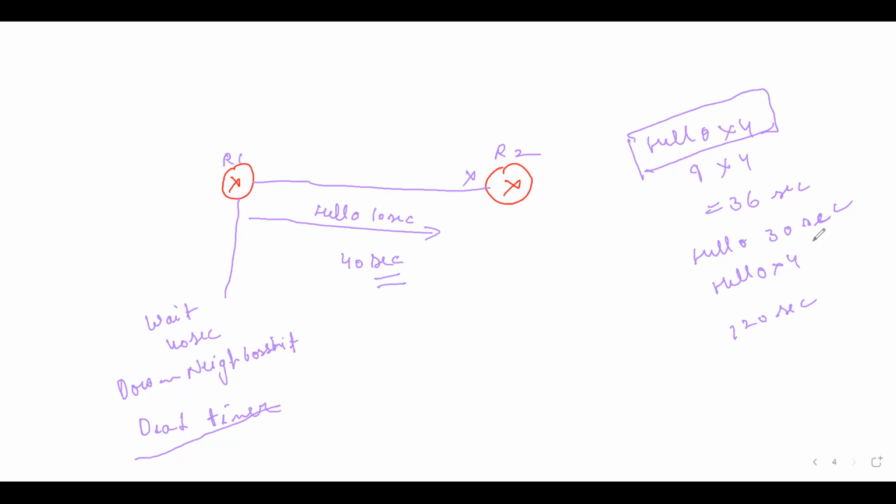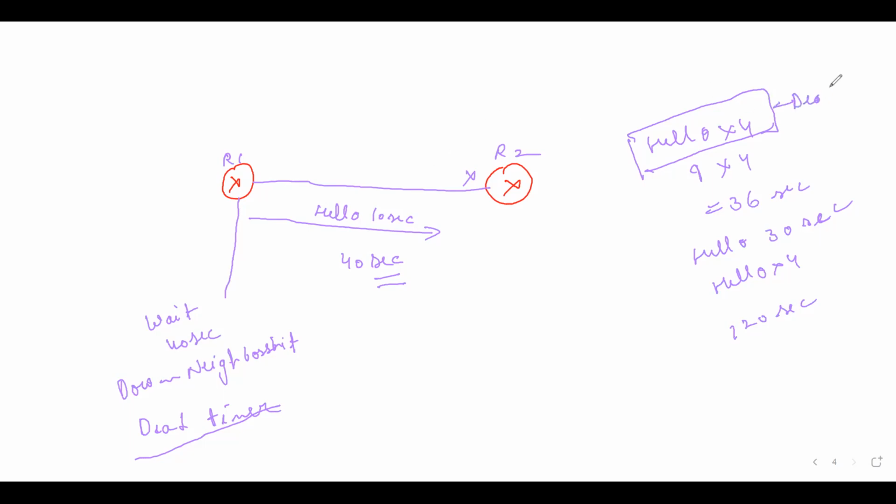By default the time is 10 seconds if you do not change anything in your hello. That's why I said 10 seconds. Otherwise you can change it to 9, 8, 30, 40, 50, whatever you want. But just remember, the dead timer is into 4.